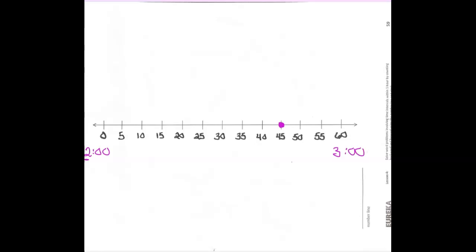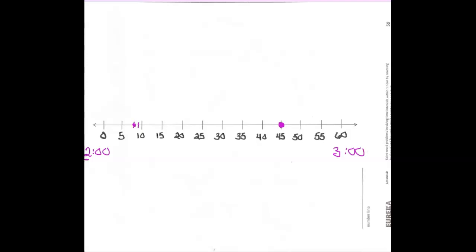So we need to find the starting time. We're going to start at 45 and count backwards until we get to 37 minutes. So we're going to go 5, 10, 15, 20, 25, 30, 35, and now we need to make tick marks, 36, 37.